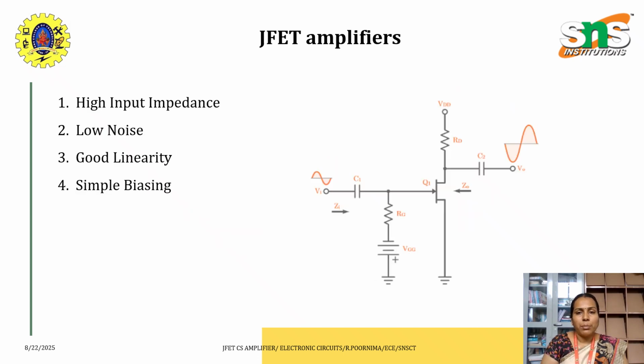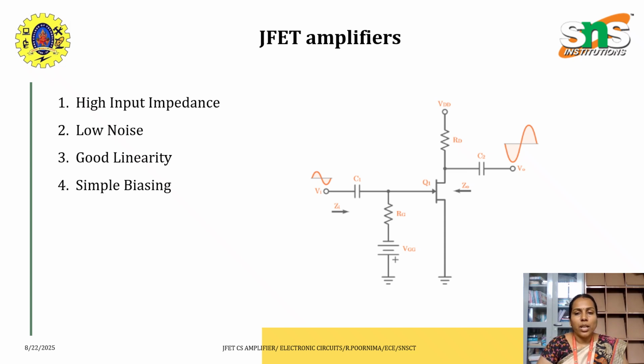So JFET amplifiers have many advantages compared to transistor BJT amplifiers. Here in this diagram, JFET is used for amplifying a weak signal to a strong signal. Its amplitude is increased in these JFET amplifiers. So the advantage compared to BJT is that it has high input impedance.